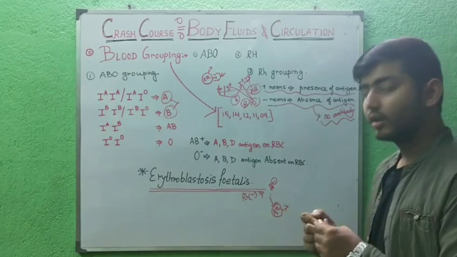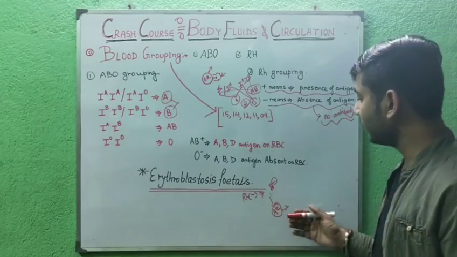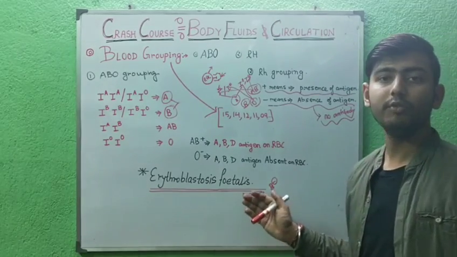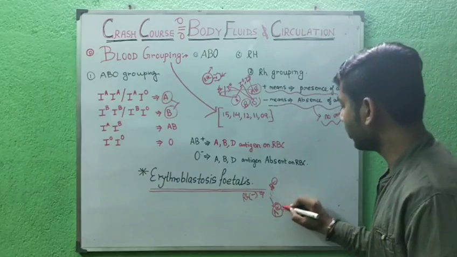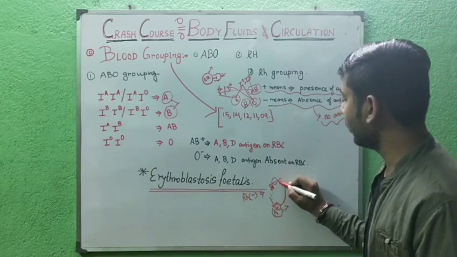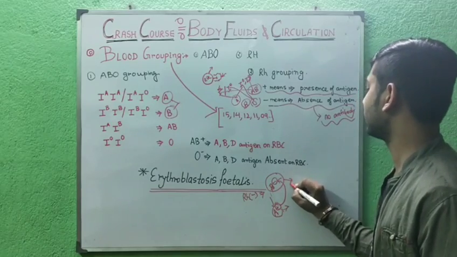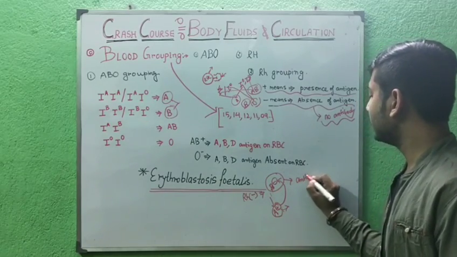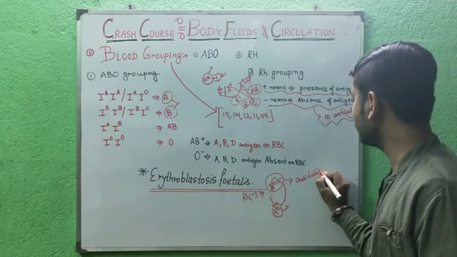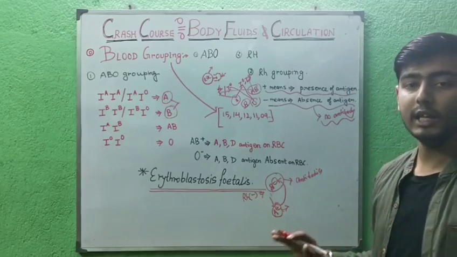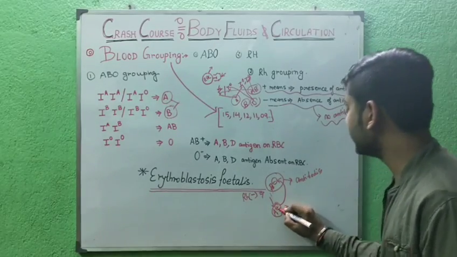During delivery, the blood of the fetus interacts with the blood of the mother. When the antigens go into the mother's blood, the mother's blood will form antibodies against any Rh positive antigen.